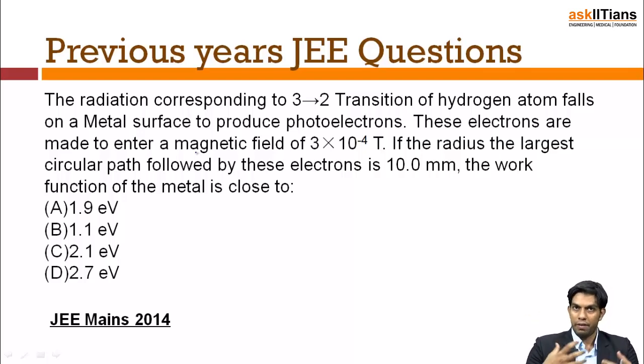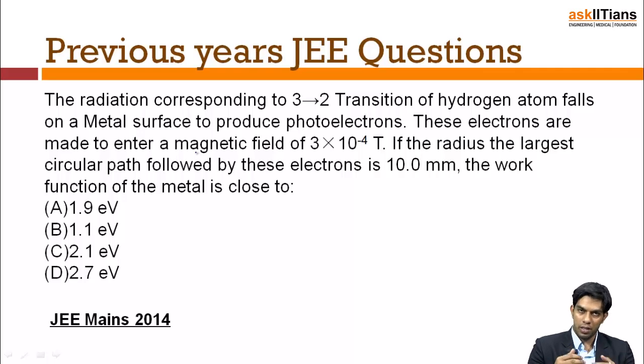These photons have energy, so while falling on the metal surface, they are knocking off electrons. Now it's being said that these knocked off electrons are made to enter a magnetic field region where they perform circular motion. The radius corresponding to that circular path is also given. So we need to find out the work function.